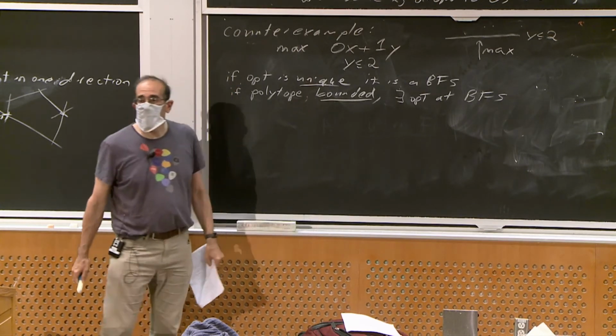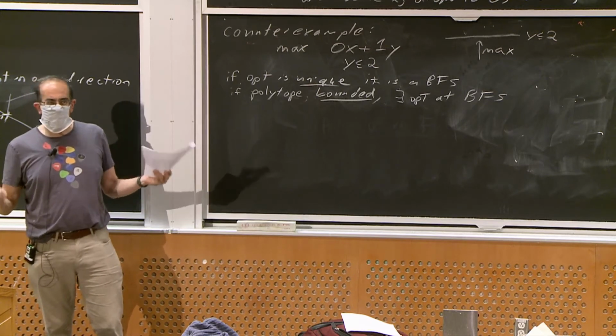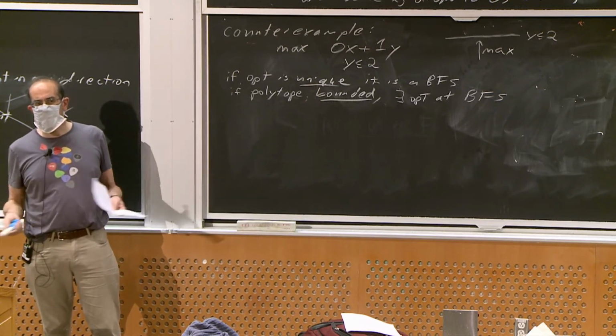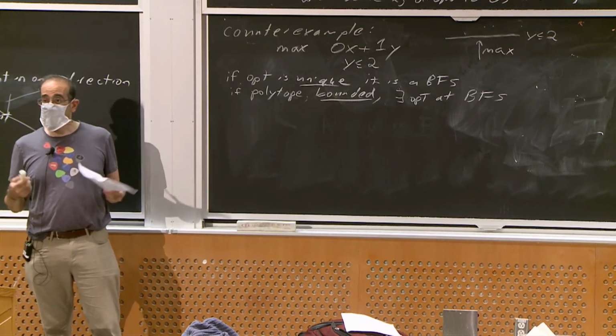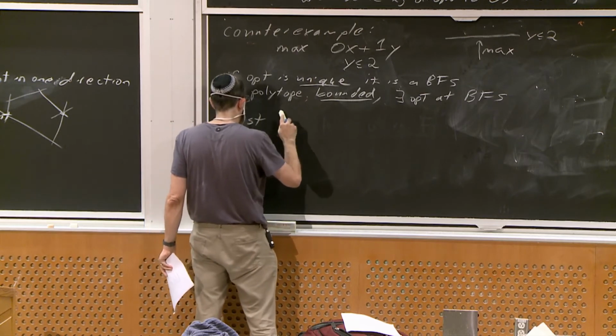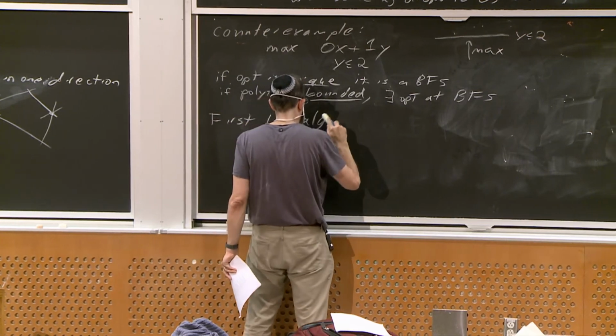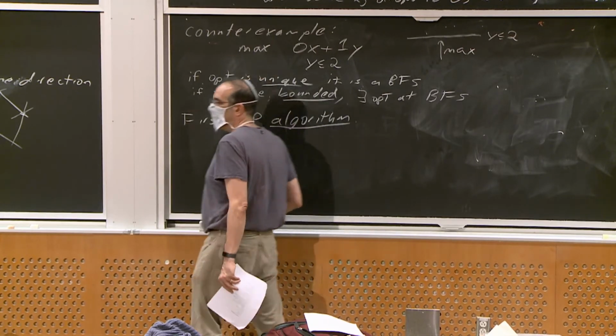All right. So we've now got these nice corollaries: the solution is always at a BFS. It's always feasible to write it down. In fact, this also gives us our first linear programming algorithm, right?